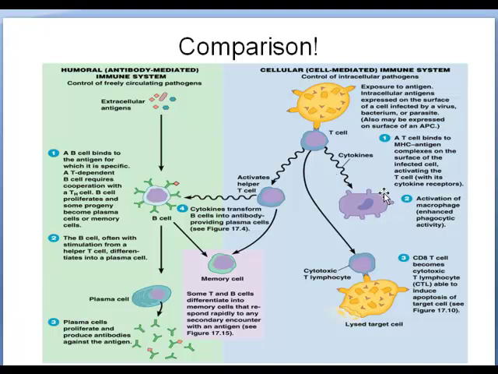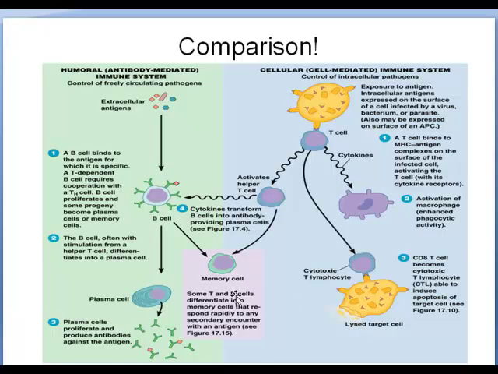The activation of the macrophage will enhance the phagocytotic activity. The CD8 T cell will become the cytotoxic lymphocyte, and it is able to lyse or break down the target cell.